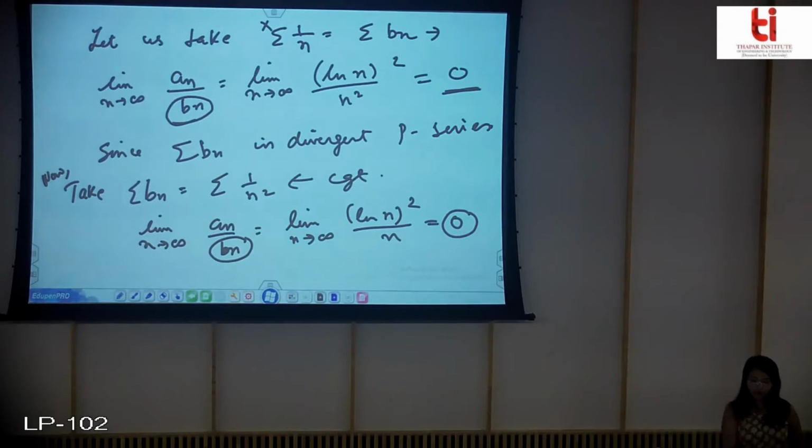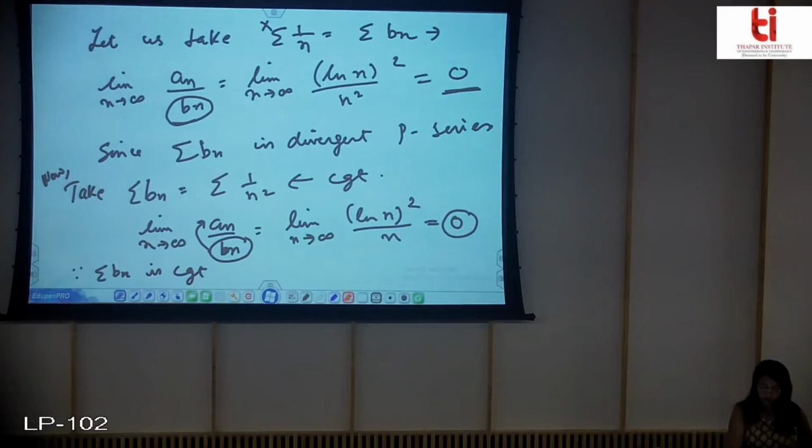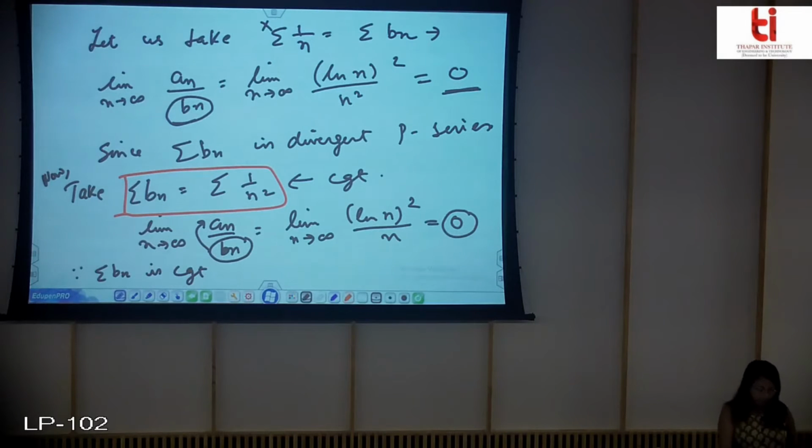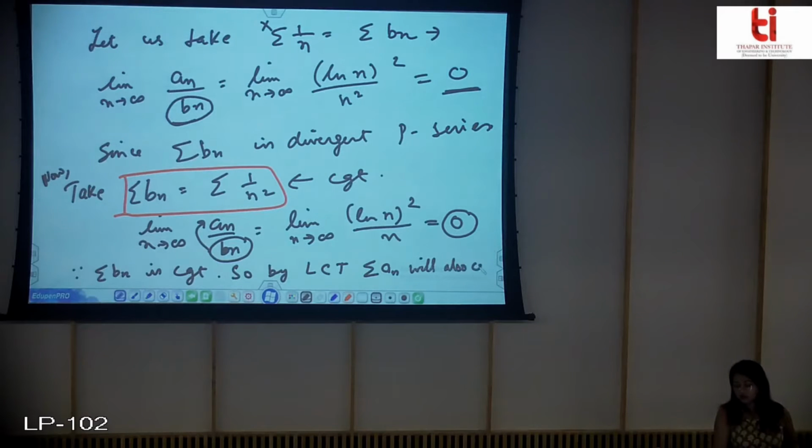So therefore you can say that An is also convergent. Since summation of Bn is convergent for this case, by limit comparison test, summation of An will also be convergent.